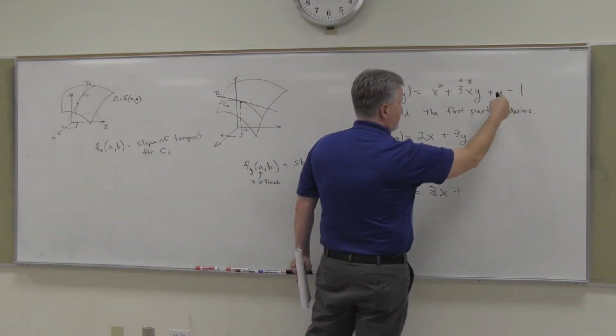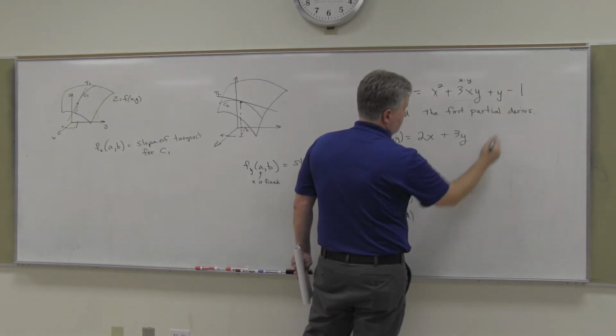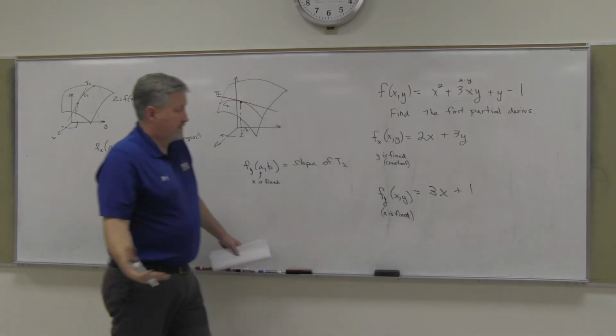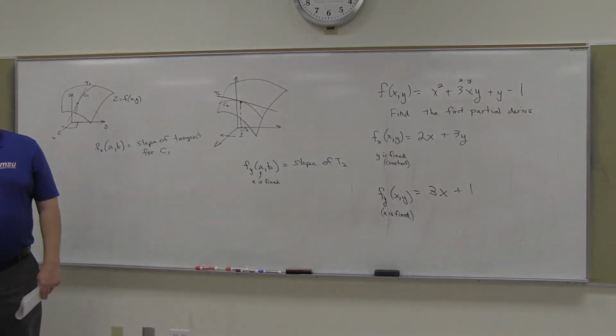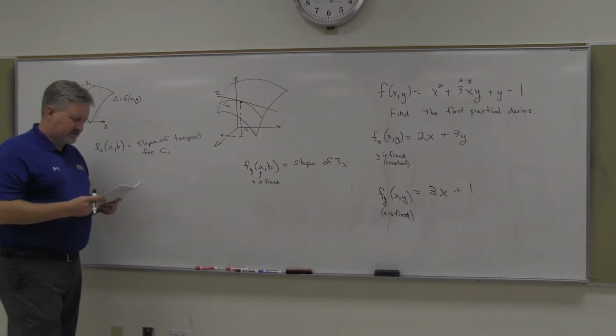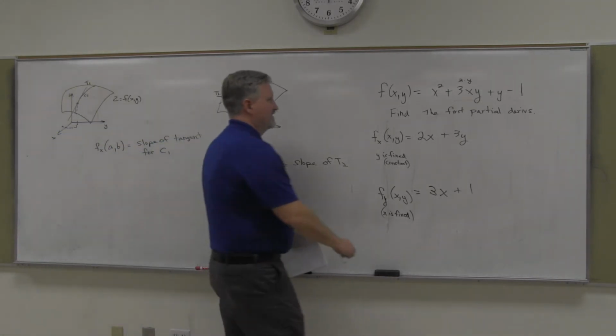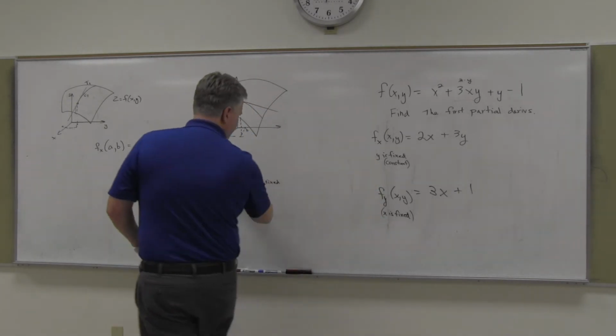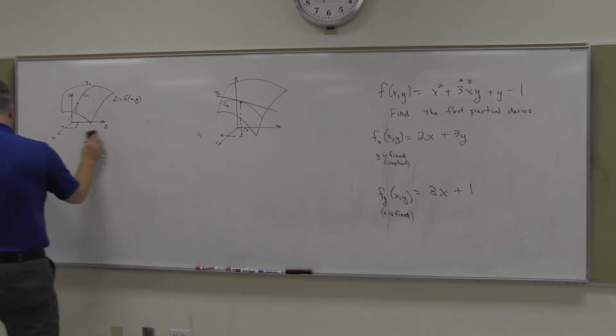Doing the partial with respect to y of y is 1. The derivative of the constant is 0, so 3x plus 1 is the partial of f with respect to y. So it's basically the same, it just takes a little getting used to, right? Fixing those things up. Okay.